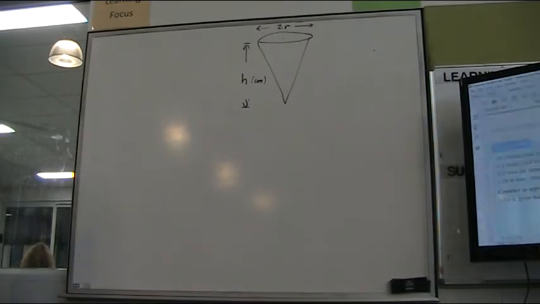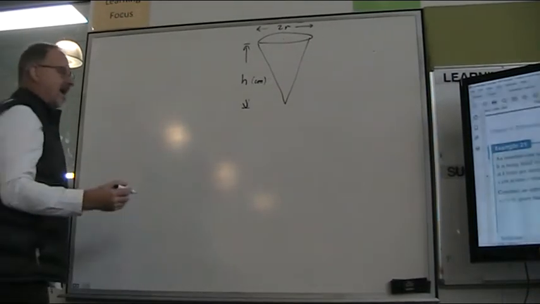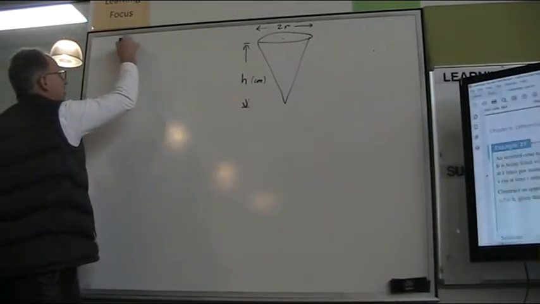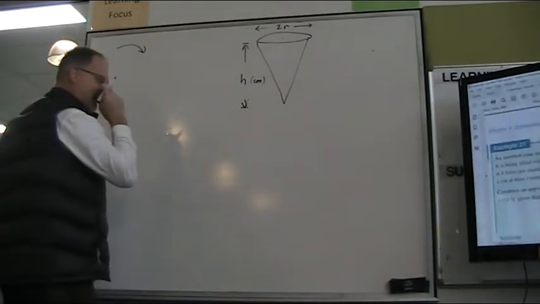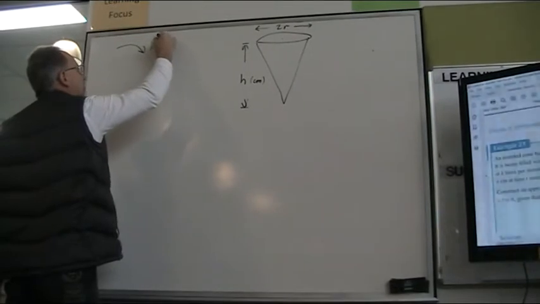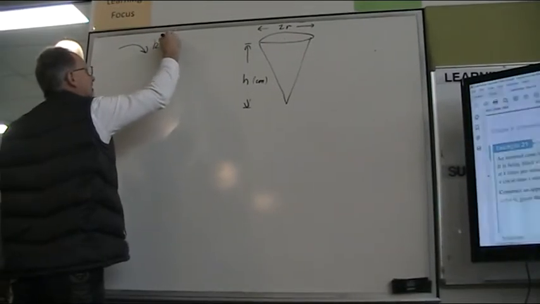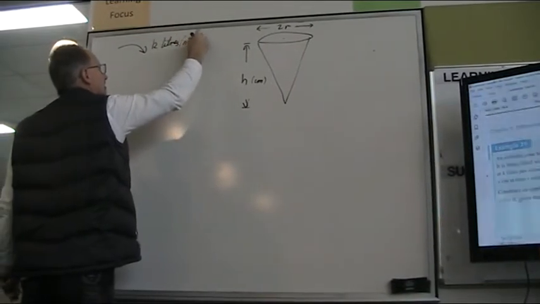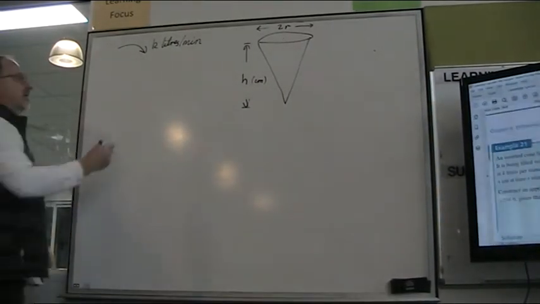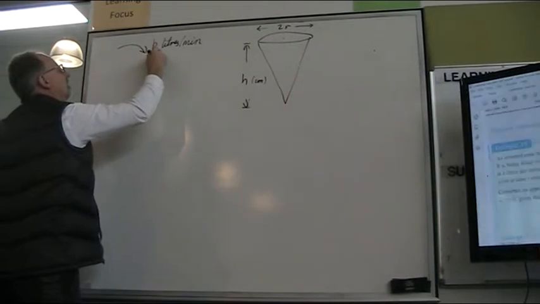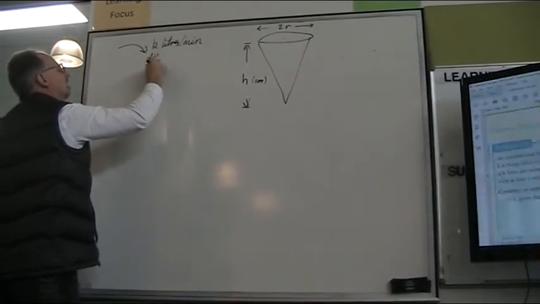It's being filled with water which is flowing from a tap, so we've got water coming in, flowing from a tap at k litres per minute. Alright, so if we're talking about that, then that's going to be dV/dt.